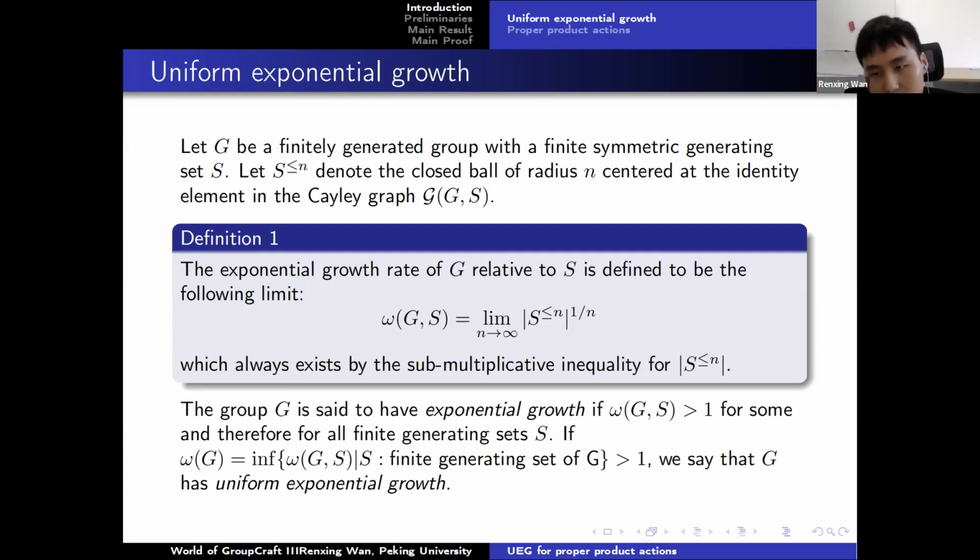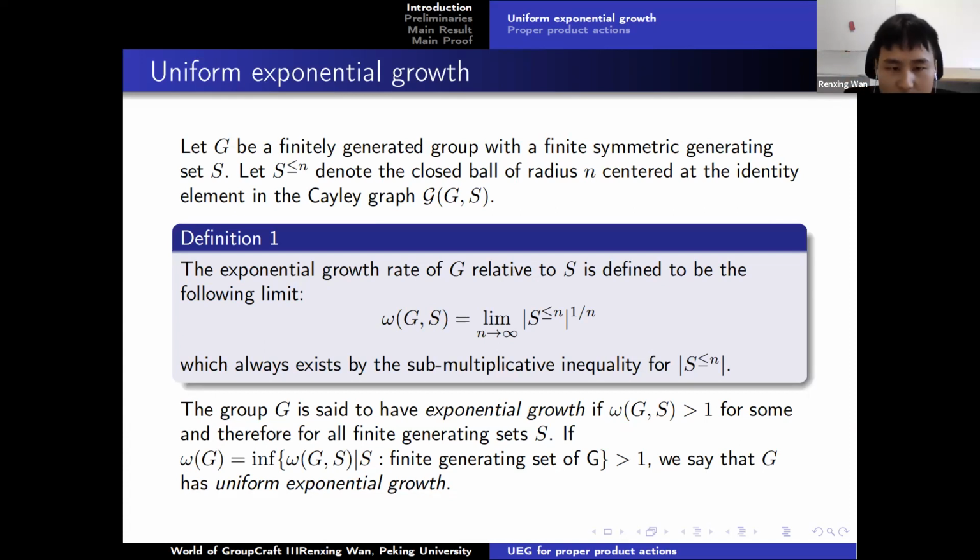But if we take an infimum over all finite generating sets, then we get a number called omega(G). If omega(G) is also strictly bigger than 1, then we say that the group has uniform exponential growth, right? The uniform means that it is uniform for all finite generating sets.